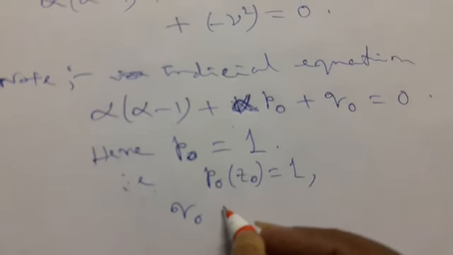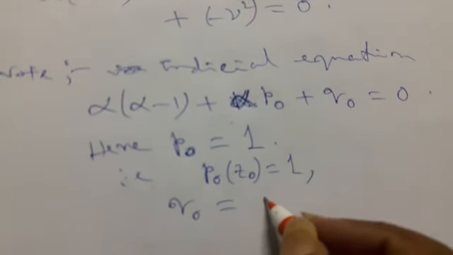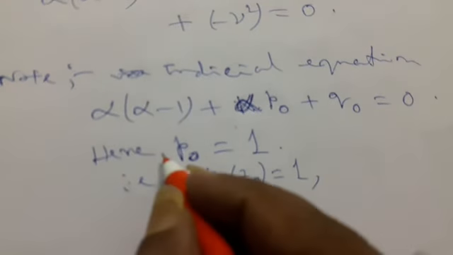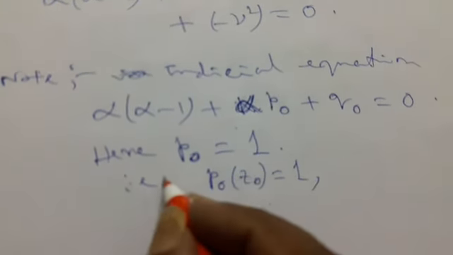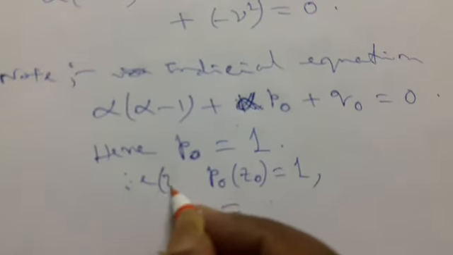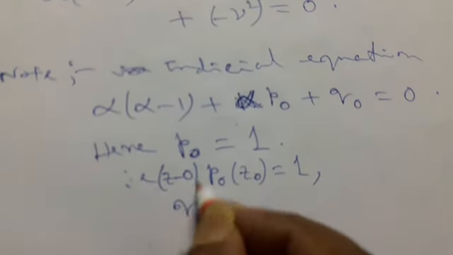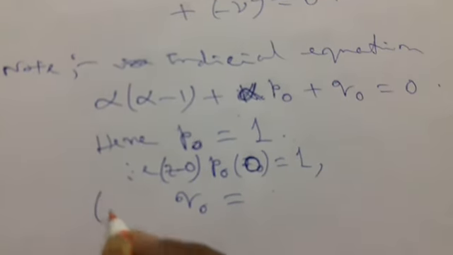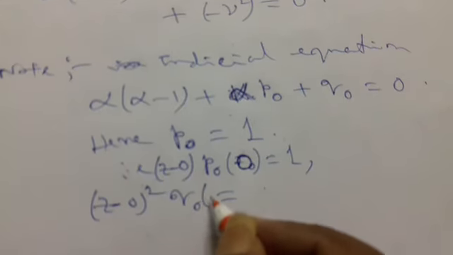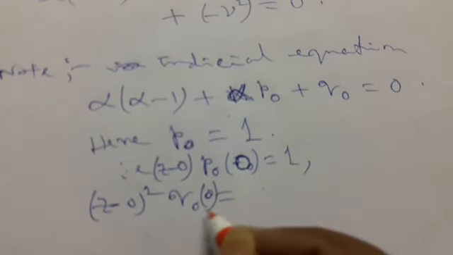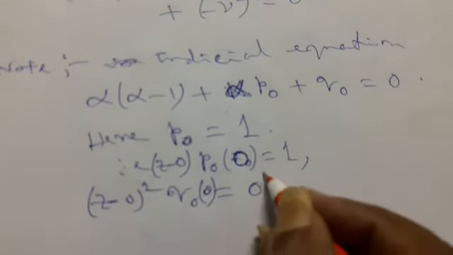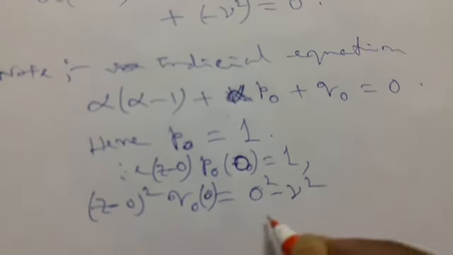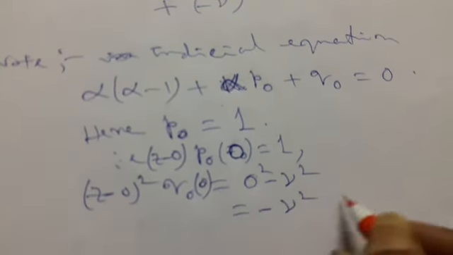And q0, if we find it, is z square q(z), which is also written as (z minus 0) whole square, at z equals to 0, that is 0 square minus gamma square, so it will be minus gamma square.